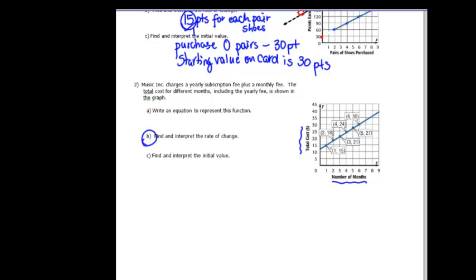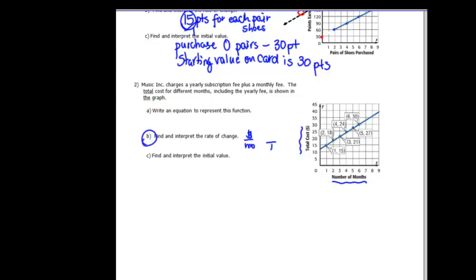All right, so my rate of change is going to be the dollars over the months. I'd like to get it down to what it would be for 1 month. Now you need to really look at those points.